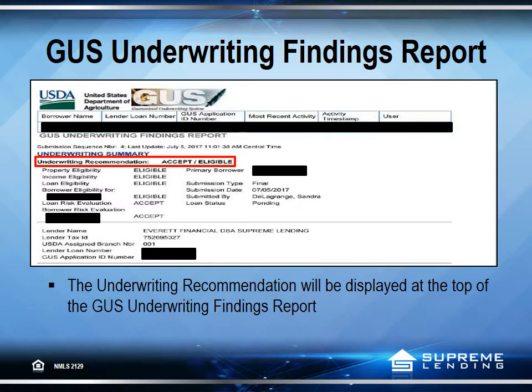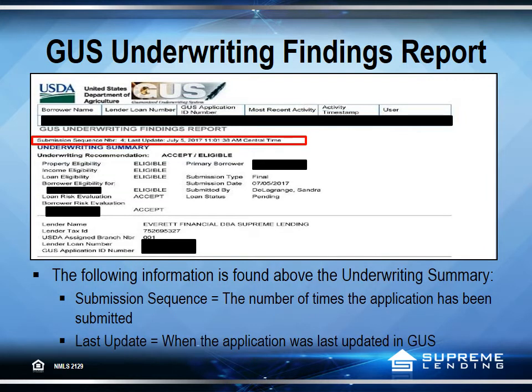Let's take an in-depth look at the GUS underwriting findings report. The underwriting recommendation will be displayed at the top of the GUS underwriting findings report. The following information is found above the underwriting summary.